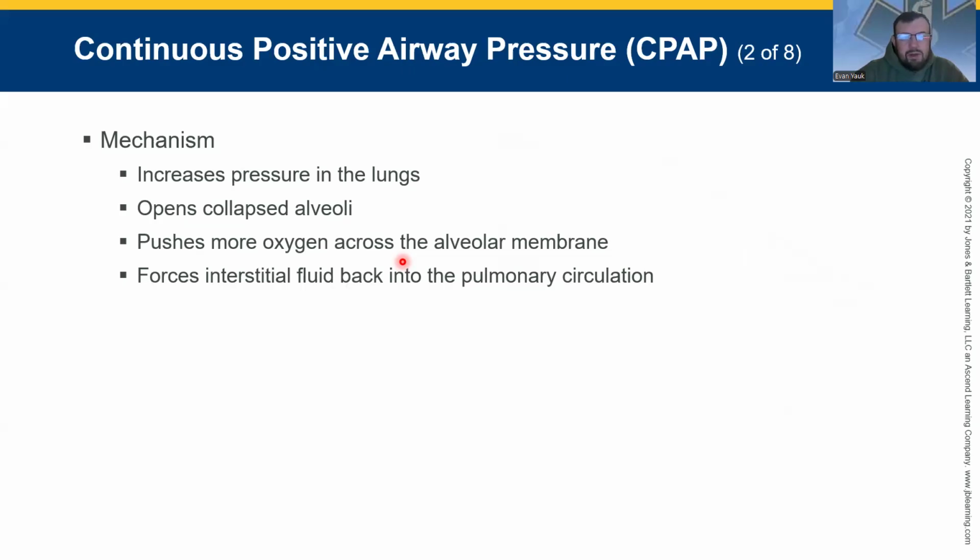So what CPAP does is force our unused alveoli, or the alveoli that are struggling to open, more open, so more oxygen can get to them and diffuse. Any fluid in there that might be affecting our breathing at the alveolar level, it forces back away, allowing that oxygen to reach more alveoli.